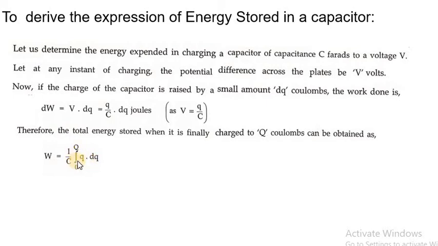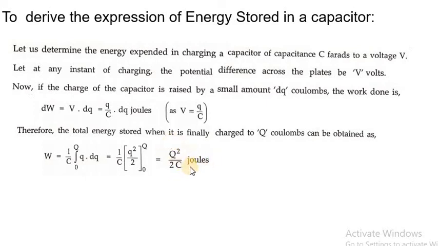By integrating, 1 by C is the constant we take out. The integration of Q with respect to dQ is Q square by 2. After putting the limits 0 to Q, I will get capital Q square divided by 2C joules.